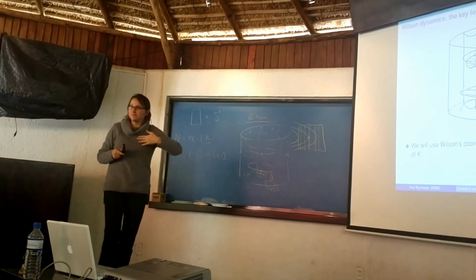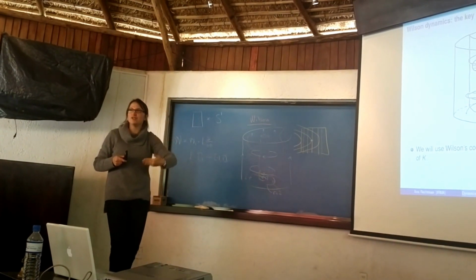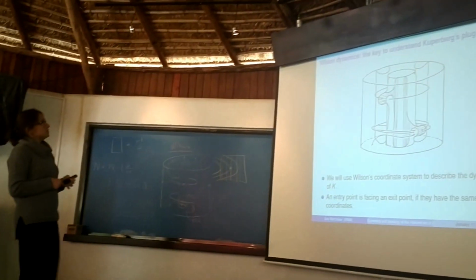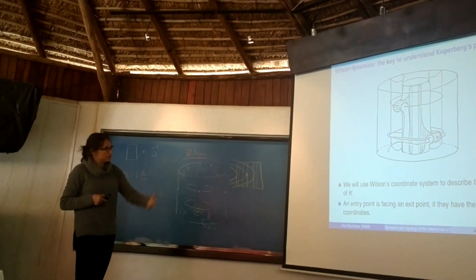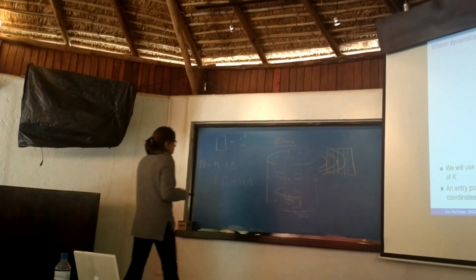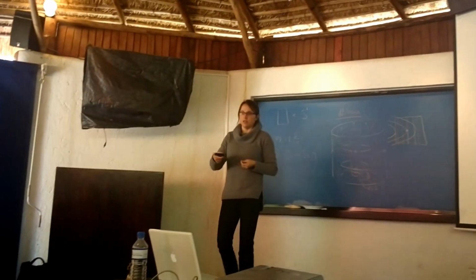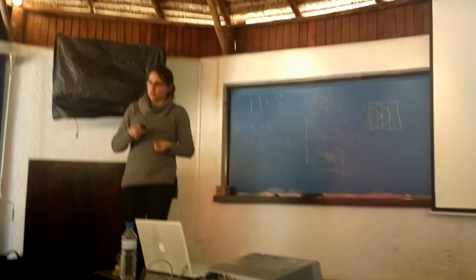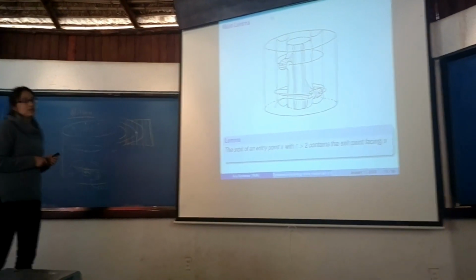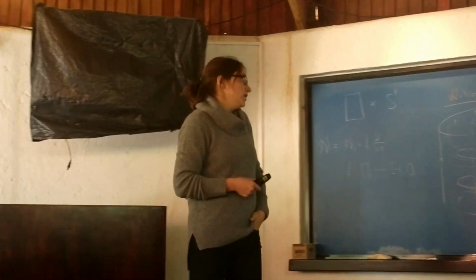They are no longer continuous along the flow, but you jump when you go into an insertion and out of the insertion. I will say that an entry point is facing an exit point if it has the same r and theta coordinates. Like here, these 2 points are facing, but it can also be in the secondary entries and secondary exits.